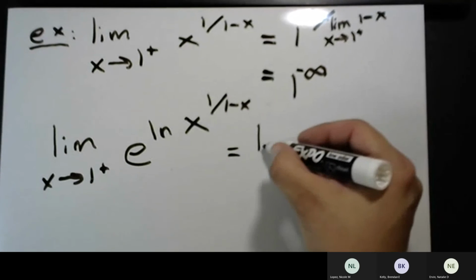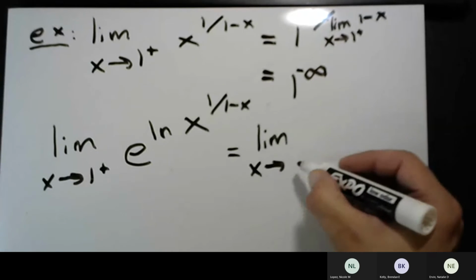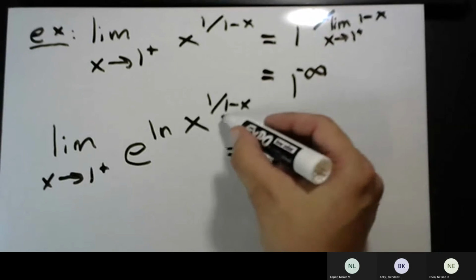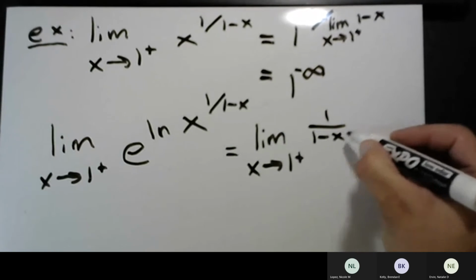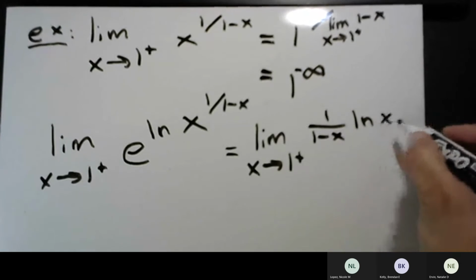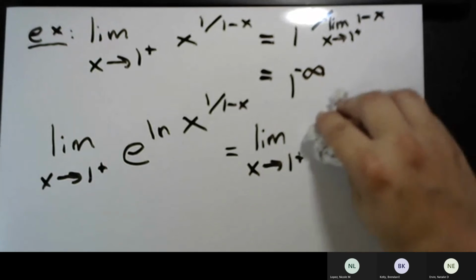So what this will give us is the limit as x approaches 1 plus. And this is a power, so we'll have e to the 1 over 1 minus x times the natural log of x. Oh, forgot my e. Oops.